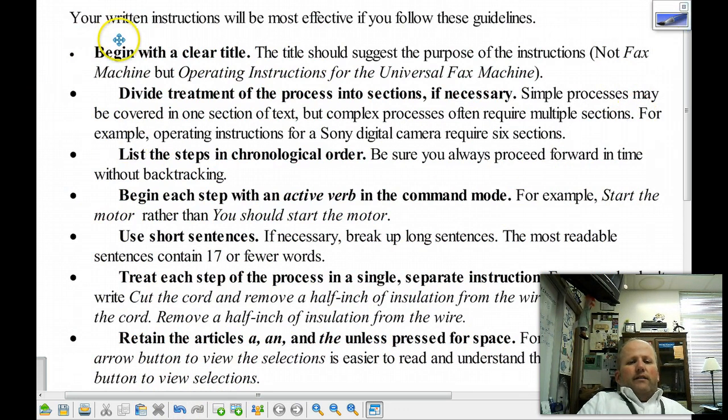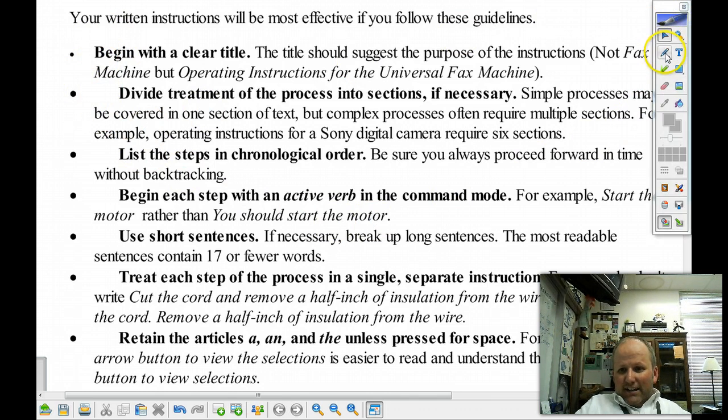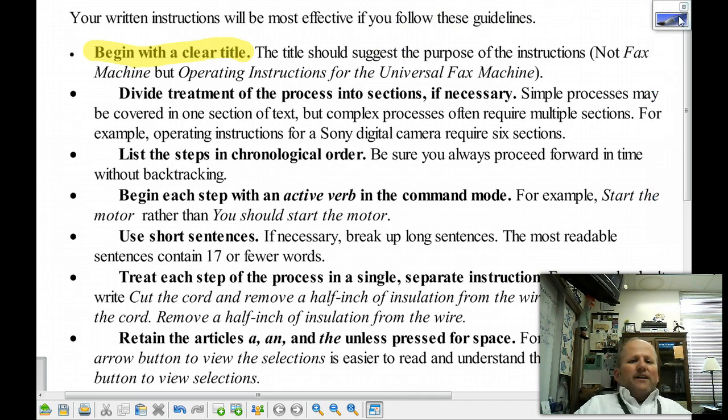All right. The best thing to do in order to write good, clear instructions is to begin with a clear title. Just like a graph, it is best to have a clear title so we know what these instructions are going to help us do. So instead of just saying fax machine, we should say operating instructions for the universal fax machine.